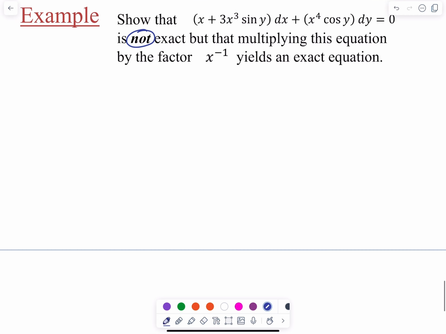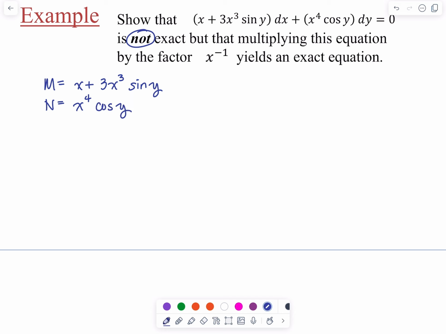So as you can see here, we have that m is equal to x plus 3x cubed sine of y, and we have that n is equal to x to the fourth cosine of y.